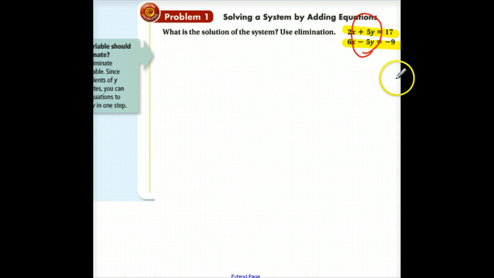The first equation has a positive 5y, and the second equation has a negative 5y. So if you ever see a coefficient in front of a variable and they're opposite, we can eliminate, hence the elimination, we can eliminate that variable from the system.